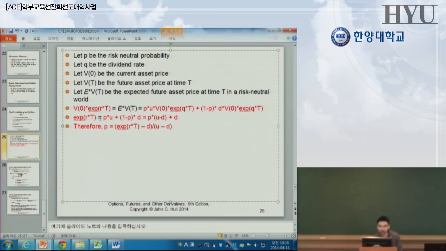Now we have this one multiplied by this part, and if we solve it, we get r minus q.